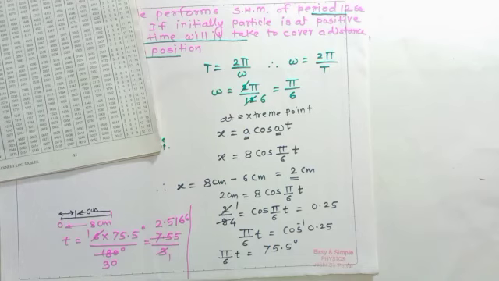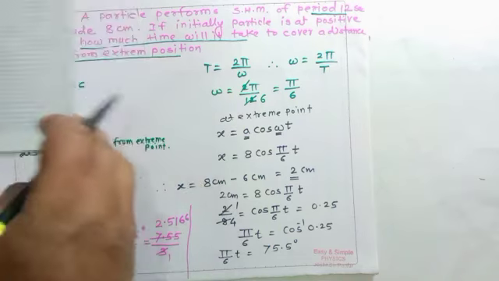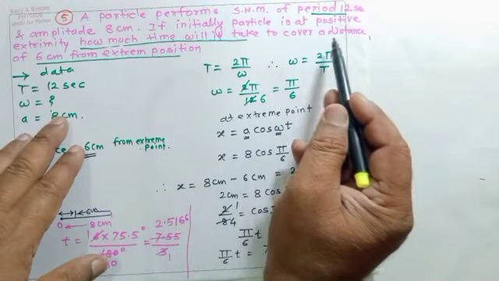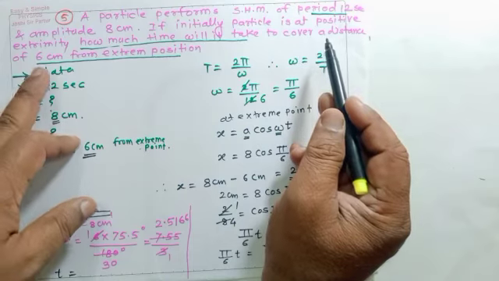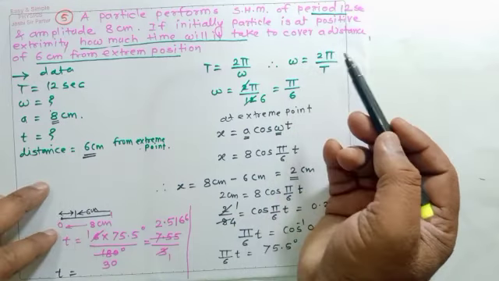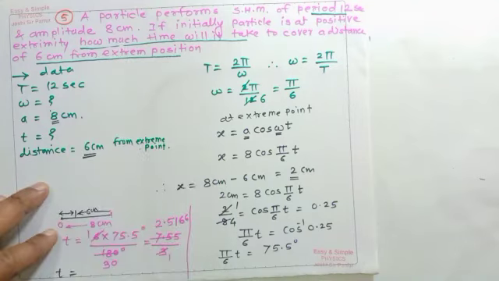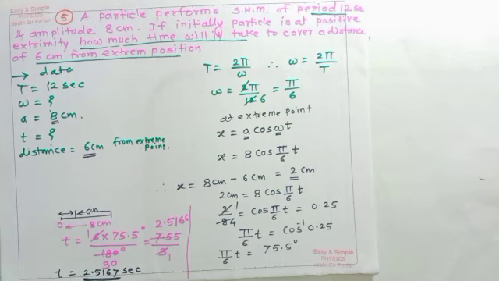So the time for a particle to cover a distance of 6 cm from extreme position, if maximum displacement is 8 cm, will be 2.5167 second. That is the answer for given example number 5.